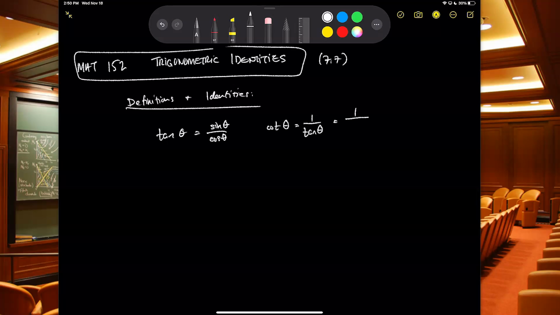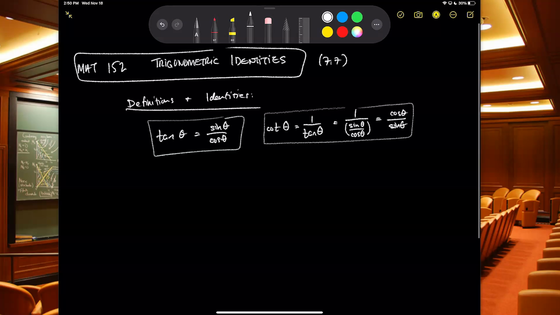So what that means is you can always break it down, and I'll say this over and over, you can always break it down to sines and cosines, the Legos of this whole thing, to get that, oh, this is really 1 times the reciprocal of the bottom, which is cosine theta over sine theta. And so we know this is the cotangent-tangent pair of definitions here.